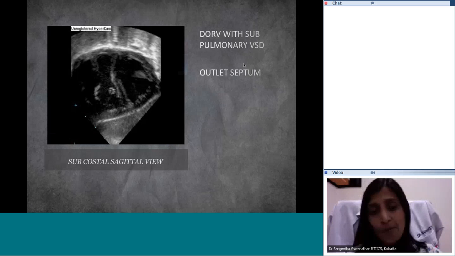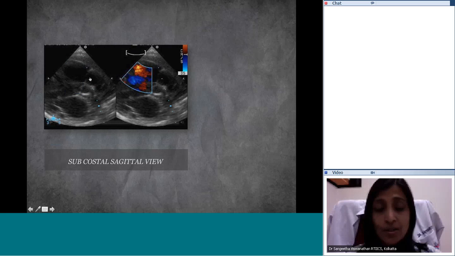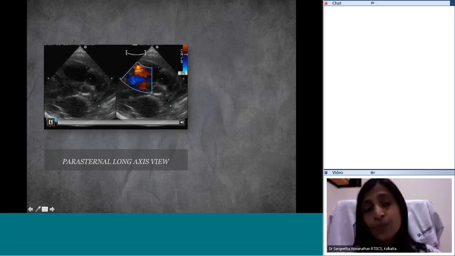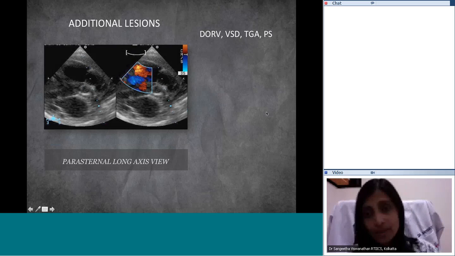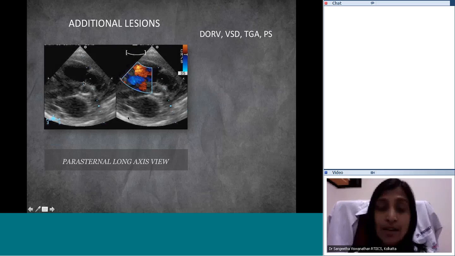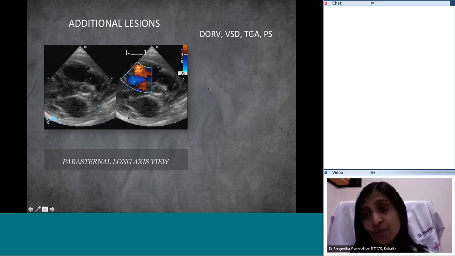Okay. So this is a long axis parasternal view, once again with a subpulmonary VSD, but in this patient there is PS as well. You can see from this image that the pulmonary artery is smaller. For some reason it doesn't seem to want to run. Not entirely sure why. But this is double outlet right with VSD and transposition with PS.